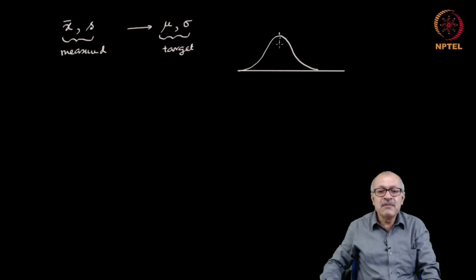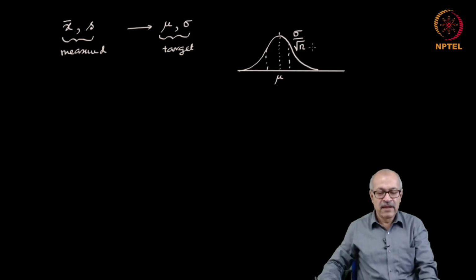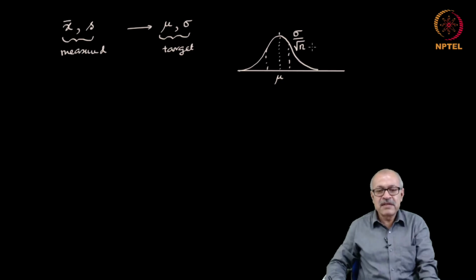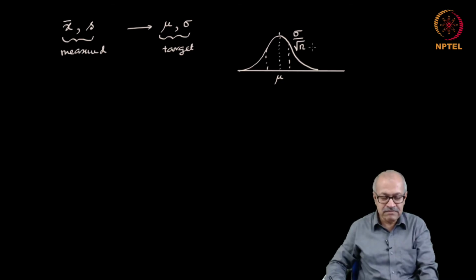And the mean of that normal distribution will be the population mean mu, and the standard deviation will be the population standard deviation divided by the square root of the number of data points taken. So, that is the claim of the central limit theorem.